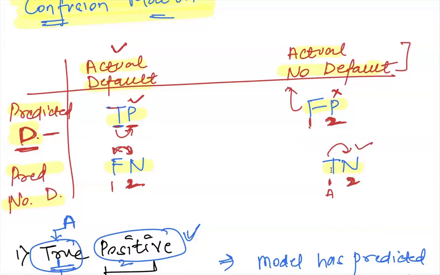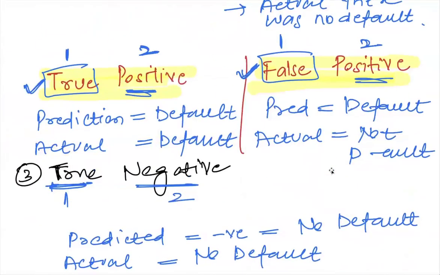Now let's jump to the metrics part, where we'll cover accuracy, precision, recall, and F1 score. What is accuracy?